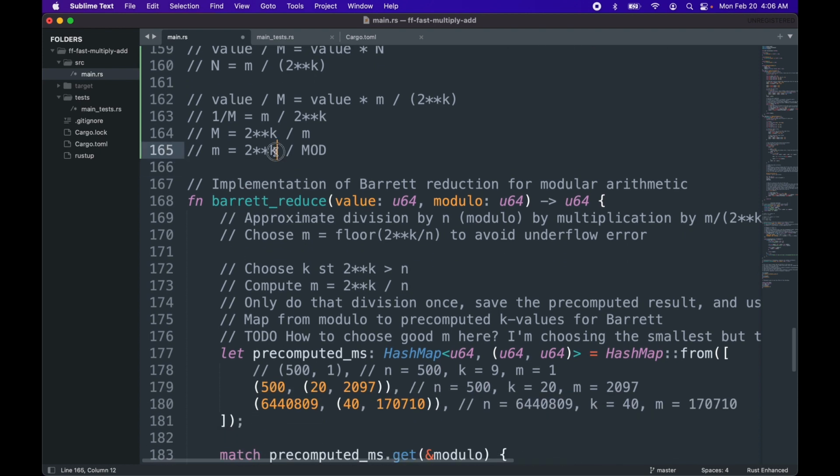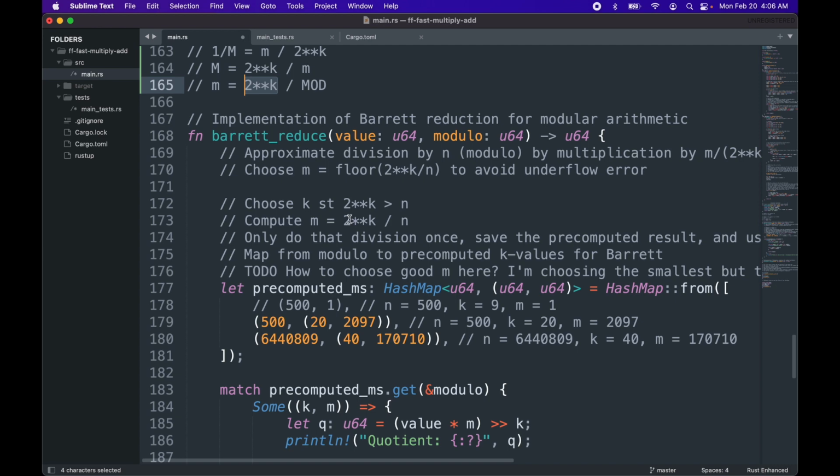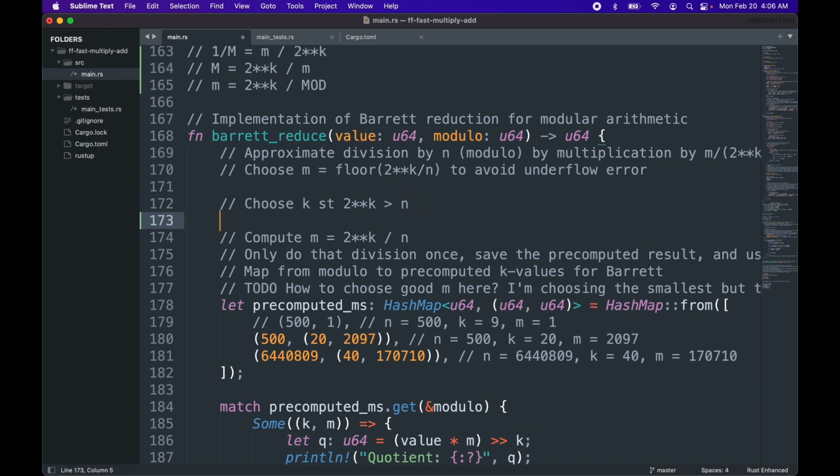How are we choosing k? We're choosing a k such that 2 to the k is more than n. So you can think, well, the smallest that would have to be is that k is more than lg n.